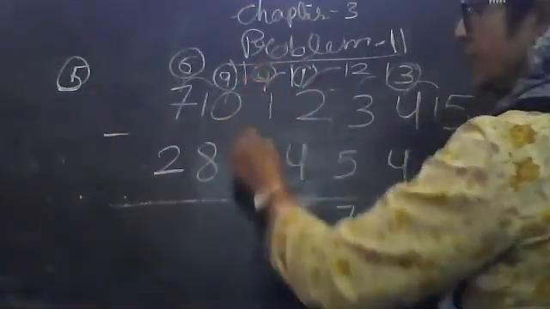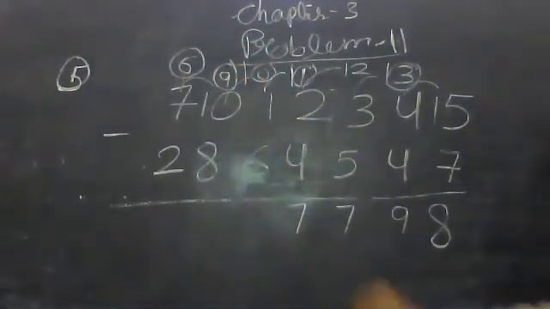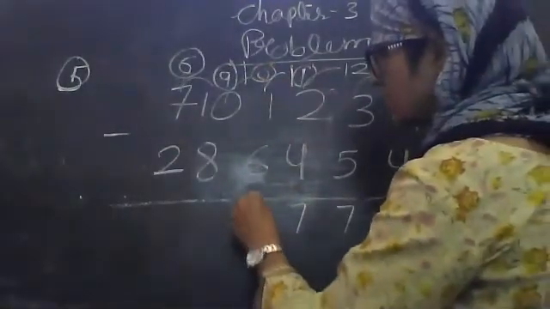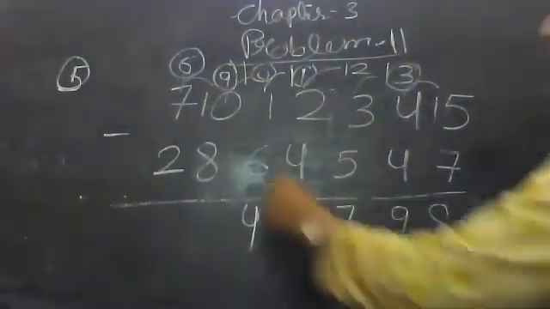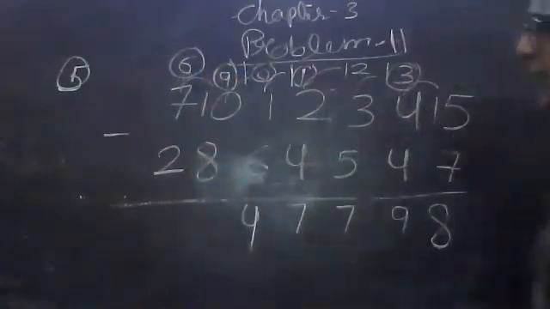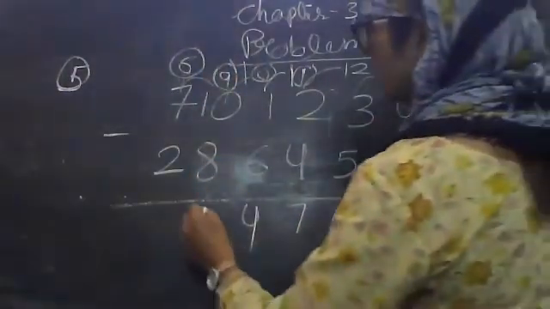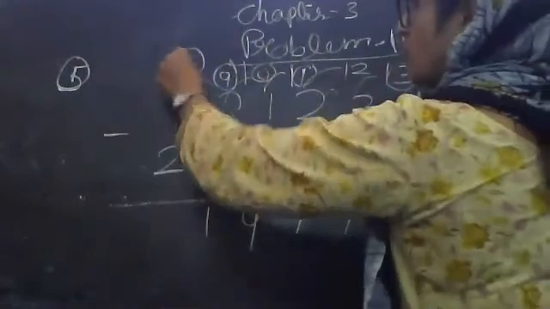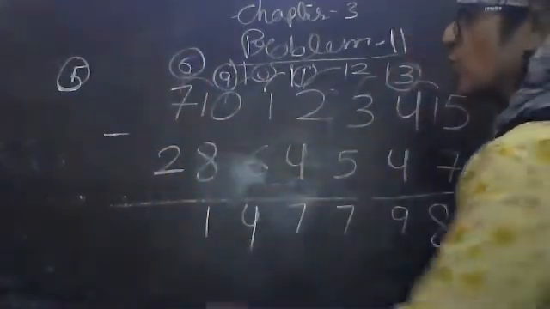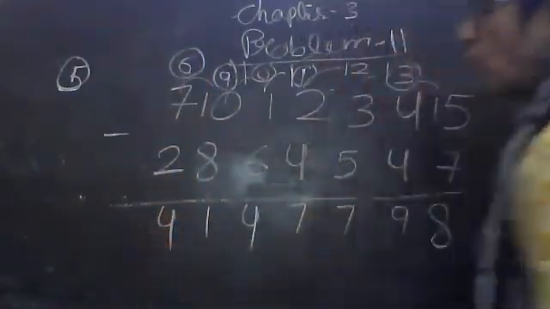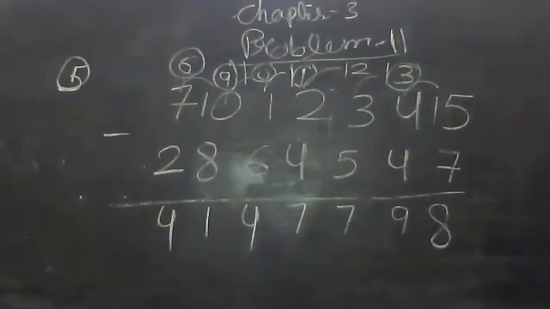Now from 10 you can subtract 6. 10 less 6 is 4, and from 9 you can subtract 8, it is 1, and from 6 if you subtract 2 the answer is 4. So in this way you can do the subtraction.